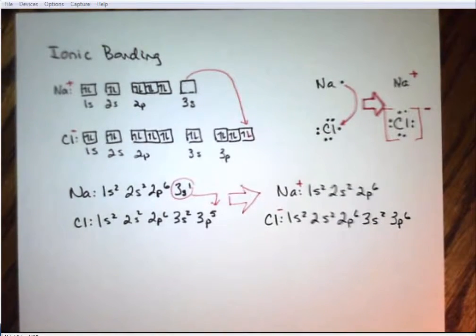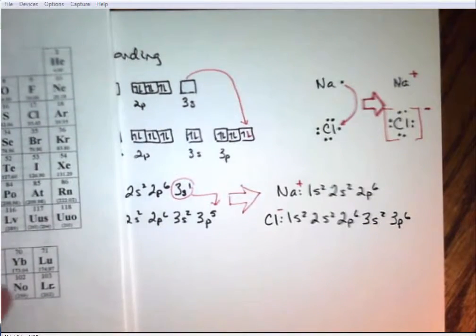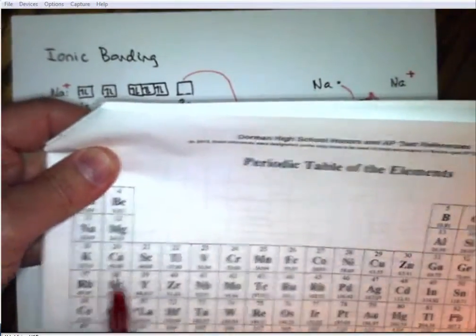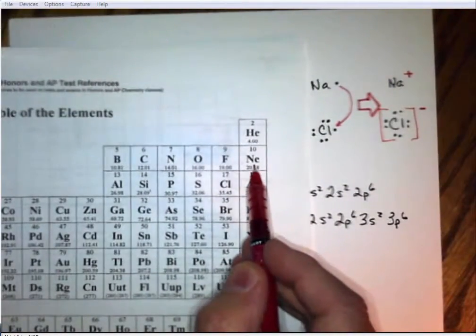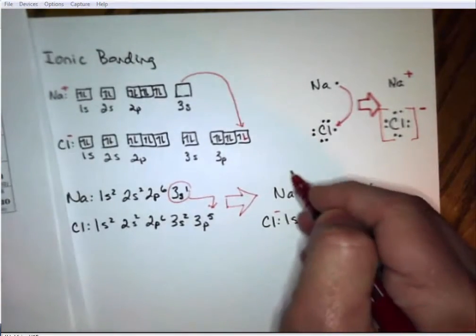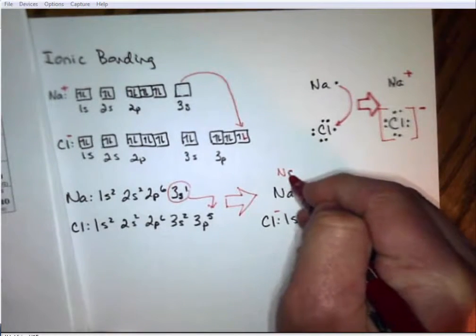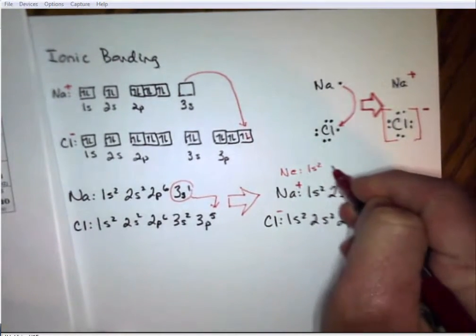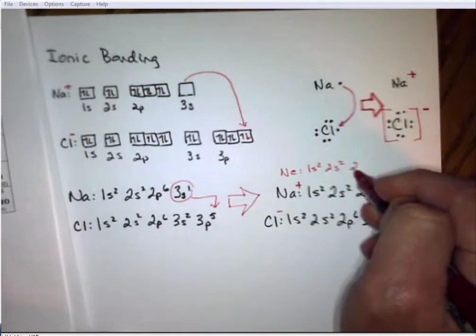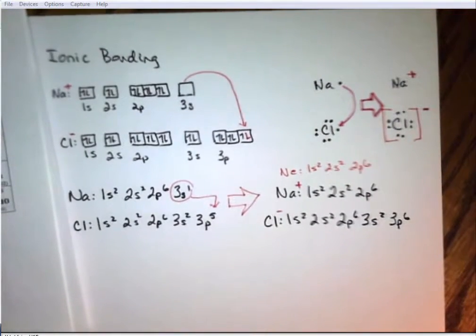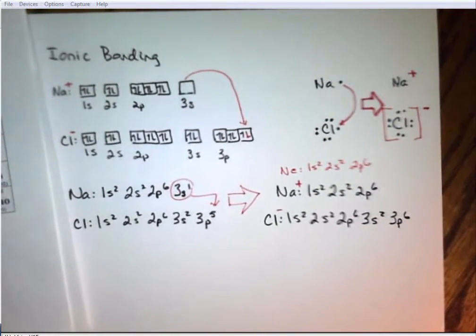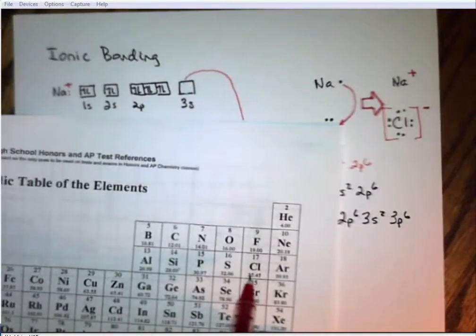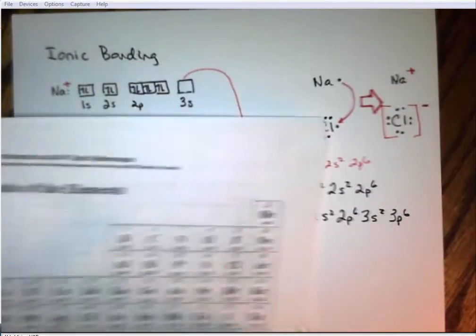One of the reasons for me showing you this is to make this point. Sodium without that extra electron has the same electron configuration as a noble gas. Here's the configuration for neon. Notice it has the same electron configuration. And chlorine, with that extra electron, has the same configuration as argon.